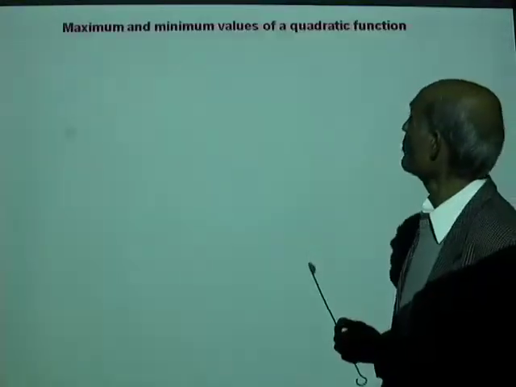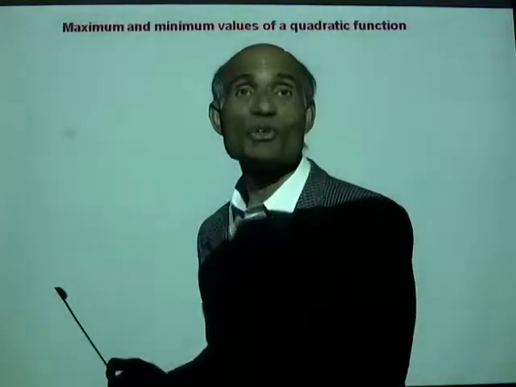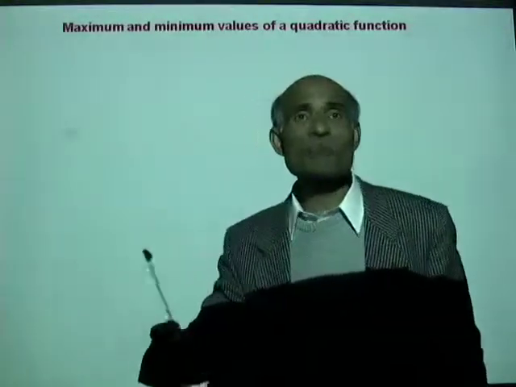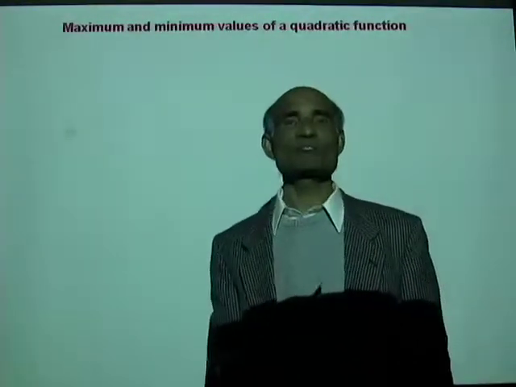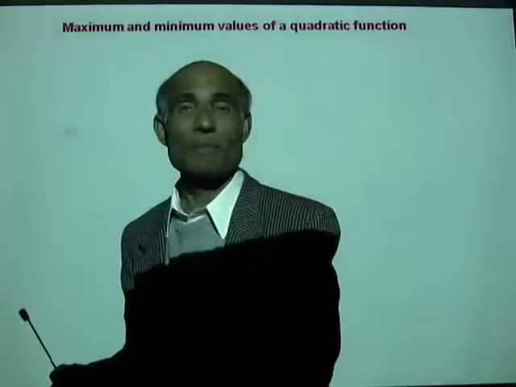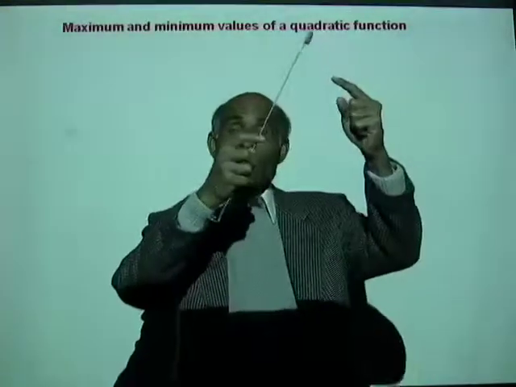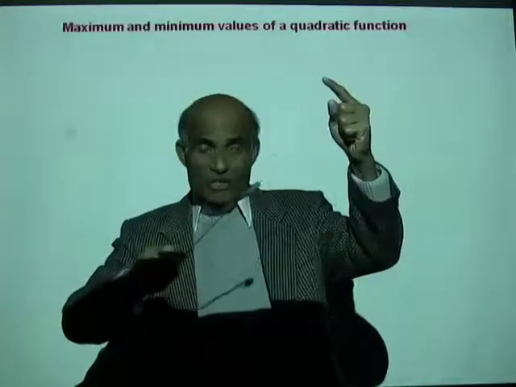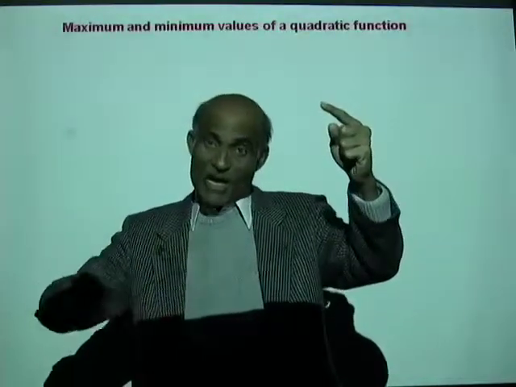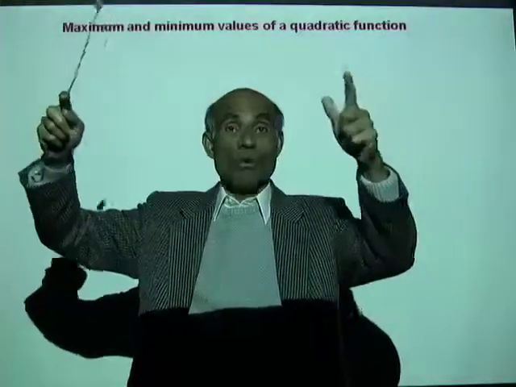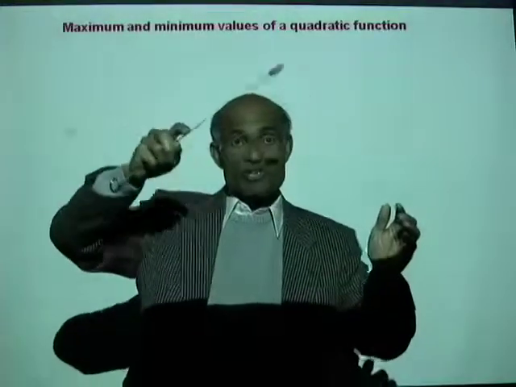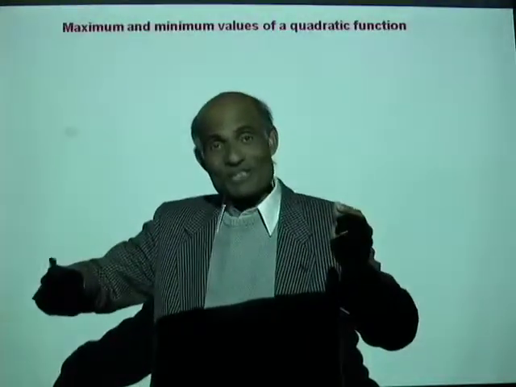Alright, let's move in and continue with the discussion on maximum and minimum values of a quadratic function. You see, a parabola is either decreasing and then increasing, or it could be increasing and then decreasing.